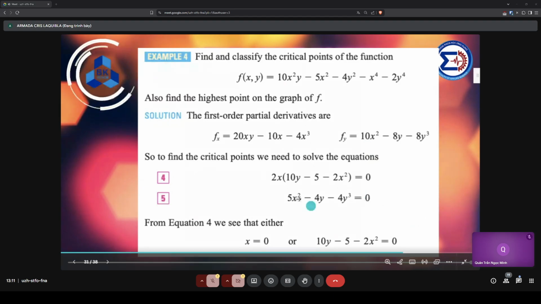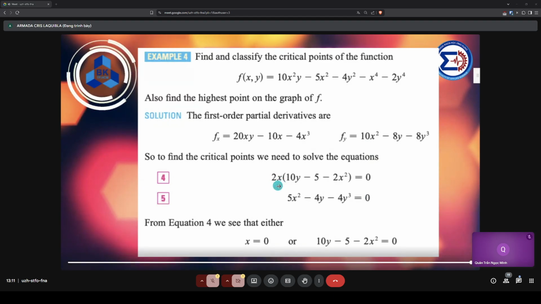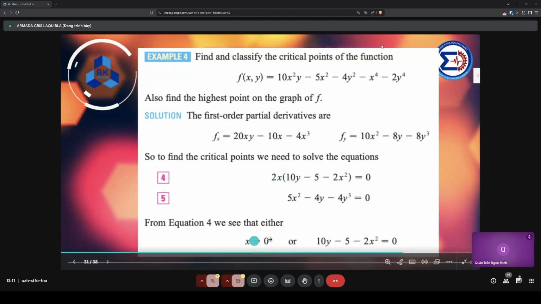Now class, we have here 2x, right? So this is a factor of the two numbers. So your 2x here could be equal to 0. Correct? So if your x here is equal to 0, or this factor here, the 10y minus 5 minus 2x squared is also equal to 0. So you have their two values now.